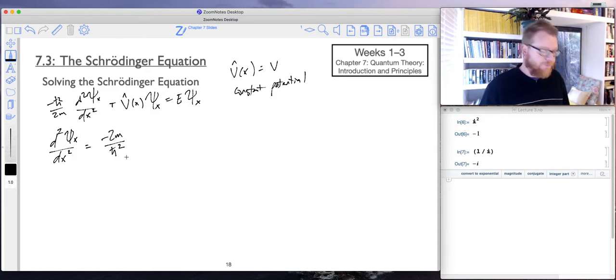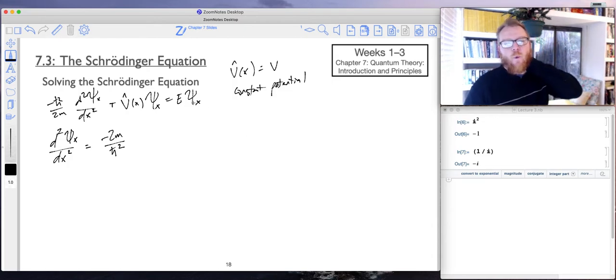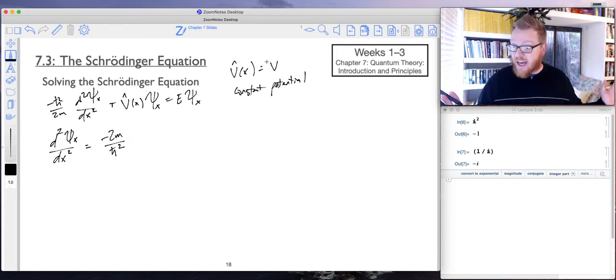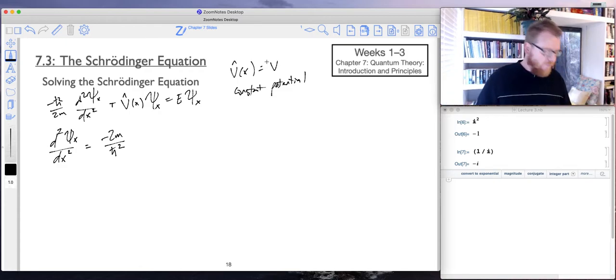h bar squared, okay? And now continuing along with this here, we know that E is going to be a constant, and here we've defined V as a constant. So that also means I can separate that operation from psi, okay, through algebraic manipulation.